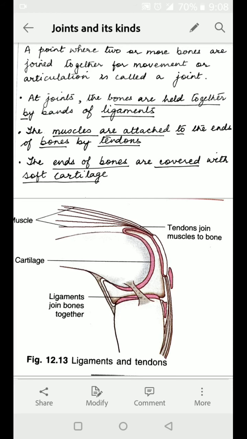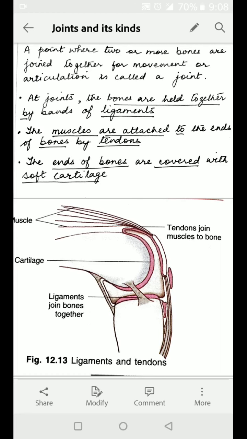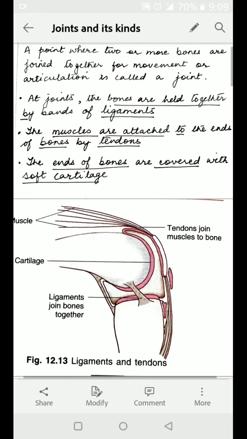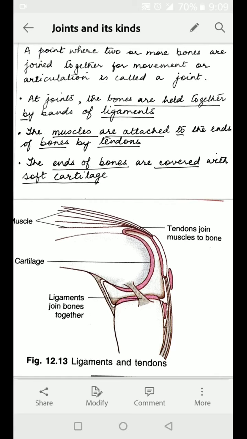Besides this, the ends of the bone are covered with soft connective tissue, that is cartilage, which is shown by a pink color in the diagram. You can see that the ends of bones are joined by soft cartilage, and this cartilage acts as a cushion between the bones and prevents them from rubbing against each other.